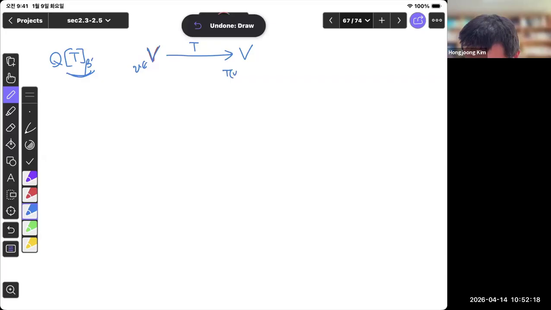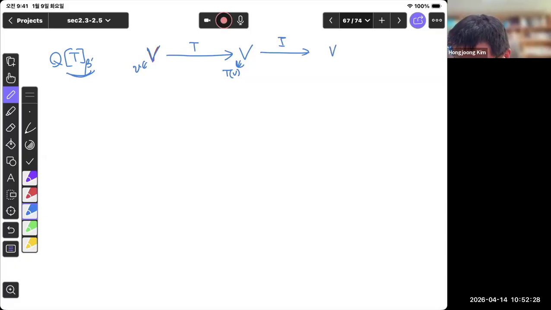So T over V is here. And then if I consider the identity mapping from V to V, then T over V is mapped to T over V, right? So that is the ordinary mapping.